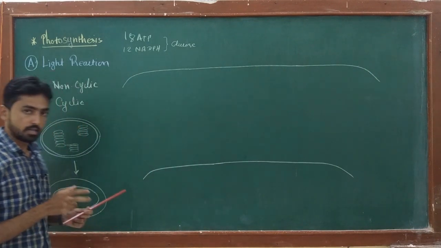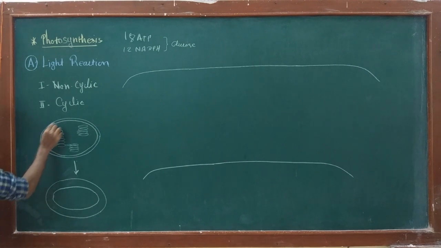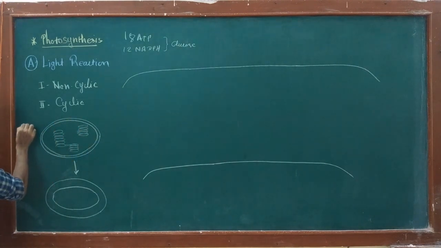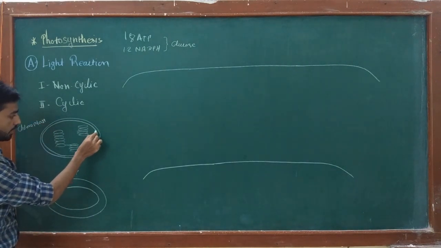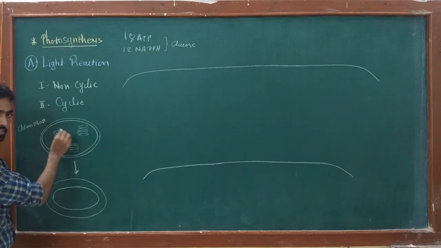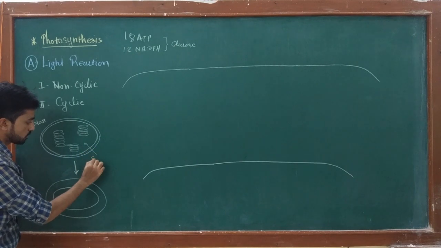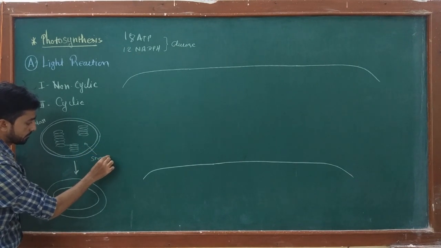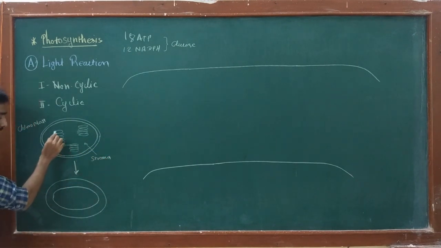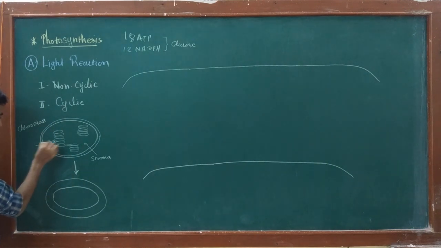In my previous video I discussed the structure of chloroplast. If this is a chloroplast, then it is a double membrane organelle having an outer membrane and an inner membrane, and inside the inner membrane an aqueous fluid substance is present, which is called the stroma. The green sac-like structures present in the chloroplast are grana.